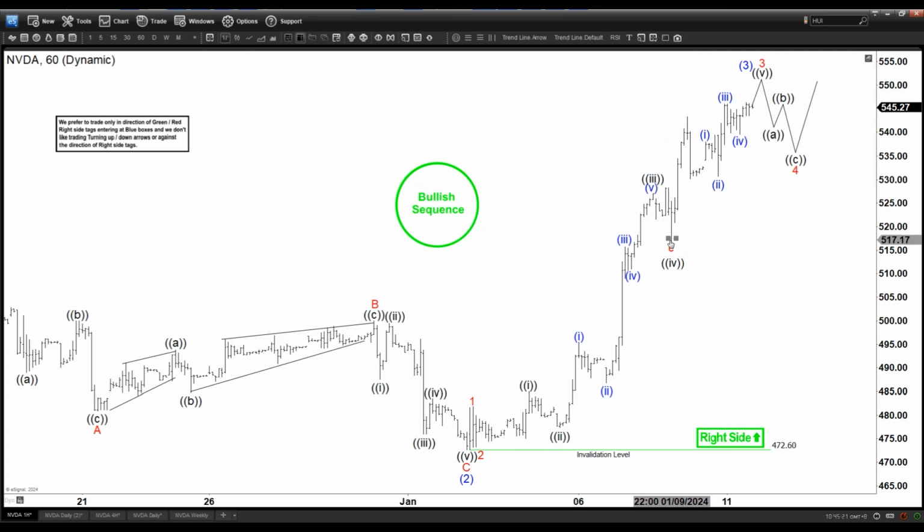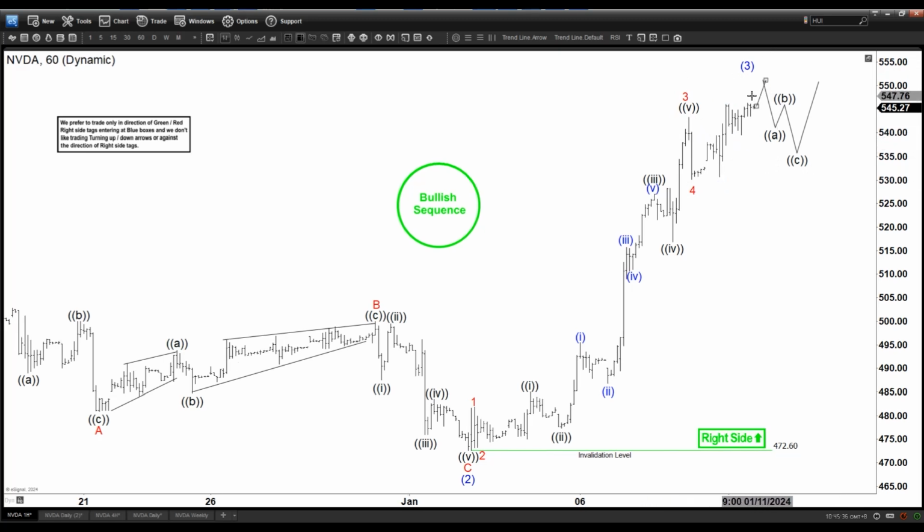I just simply move around the positioning of the label like this, and then suddenly we can call it completed, right? We can call this entire move 5 waves ending 5 of 3.